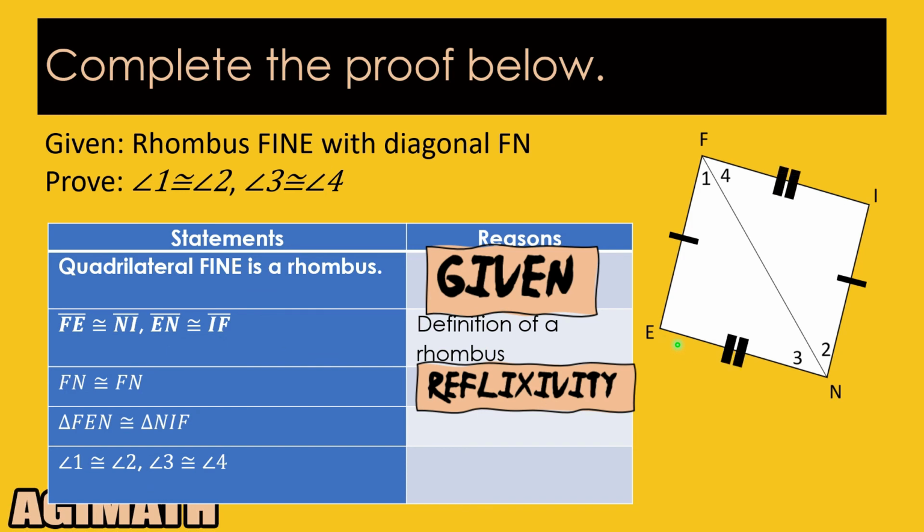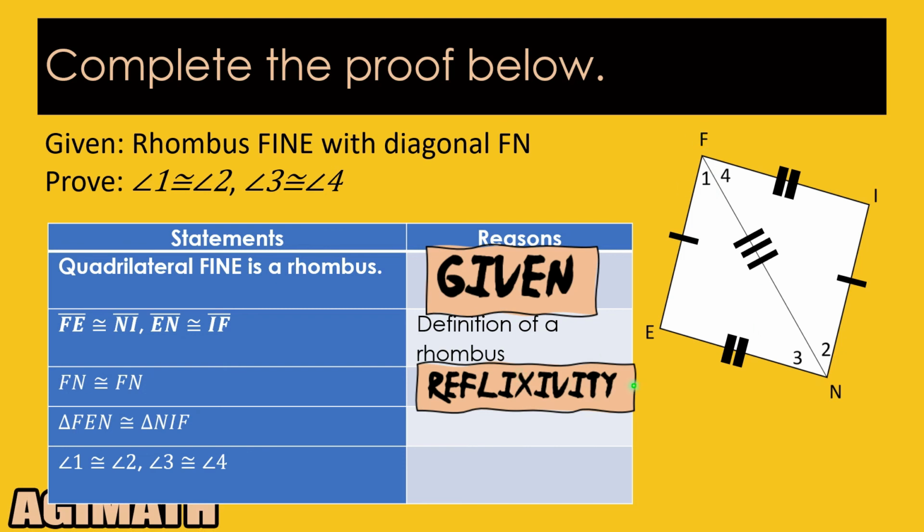Observe that if we start with E, on the other segment we start with I because they are opposite angles, so this should be the corresponding angles. And then the last part given in the proof is this. FN is congruent to FN by reflexivity.